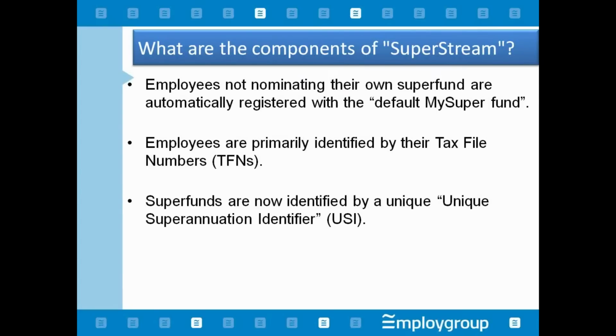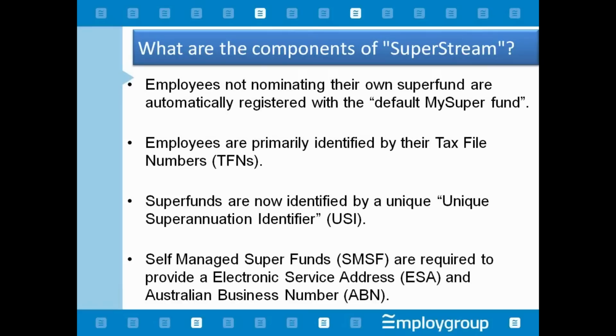Super funds are now identified by a unique superannuation identifier, a USI. So the previous SPIN number, or SPIN, that was used to identify superannuation funds is being phased out, and the USI is considered to be a superior option because it actually goes down to the granularity of particular products and offerings within super funds.